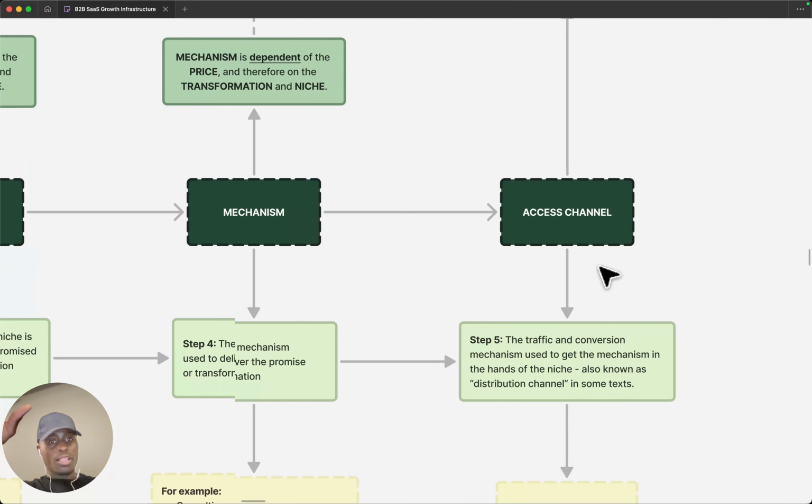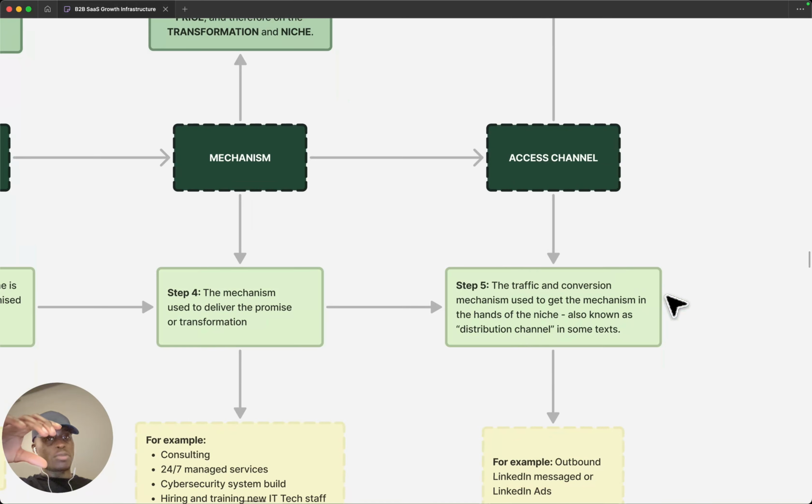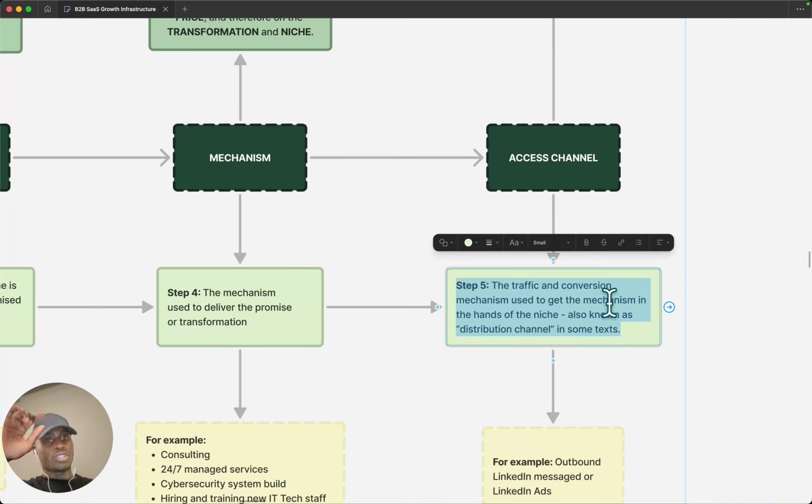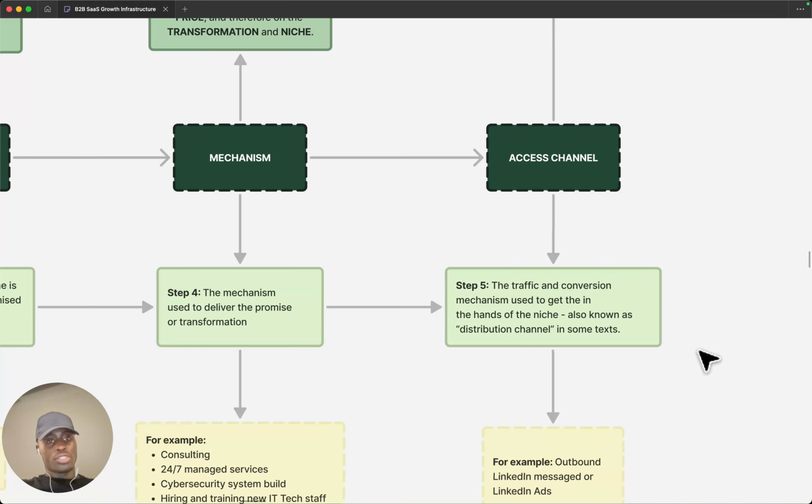Okay. So the traffic and conversion mechanism. The action is basically the traffic and the conversion mechanism used to get it in the hands of the niche. So it's the system, the strategy, the mechanism that you're going to use to be in front of your customers. It's also known as distribution channel in some texts.